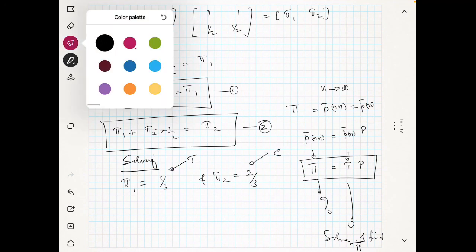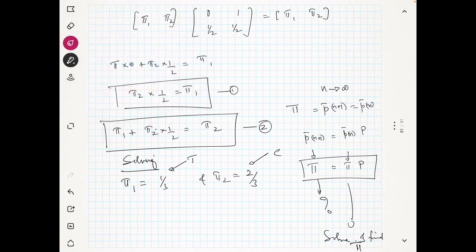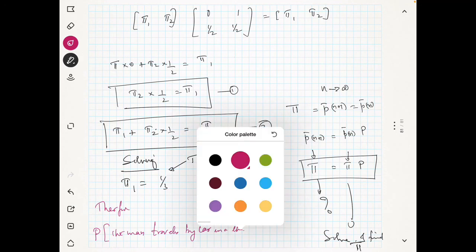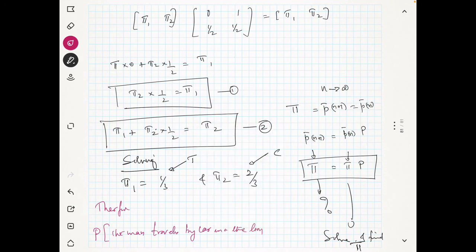So pi 1 stands for the train and pi 2 for the car. What is the conclusion? Therefore, the probability that the man travels by car in the long run is 2 by 3.